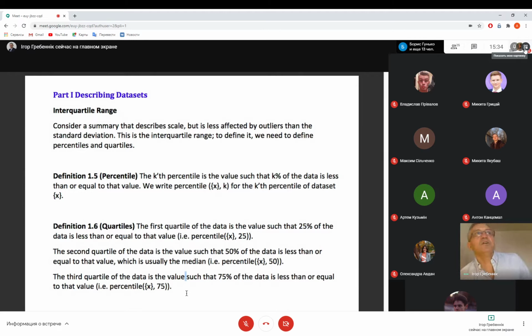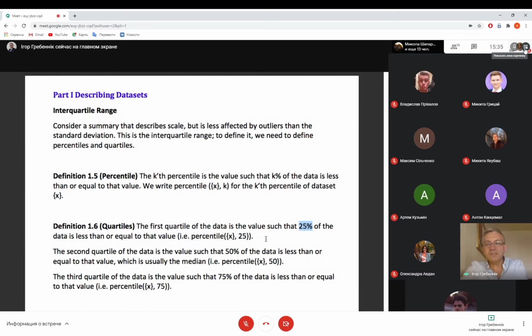Each part contains a quarter of the elements, based on the division into percents. The first 25% are less than the first quartile.